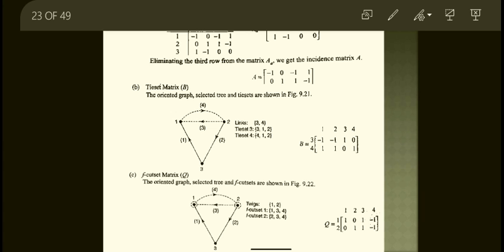So the row is 0, 1, 1, minus 1, because 1 is not relevant. So therefore this is the F cut set. The oriented graph and the selected tree of the F cut set are shown in figure 9.22.